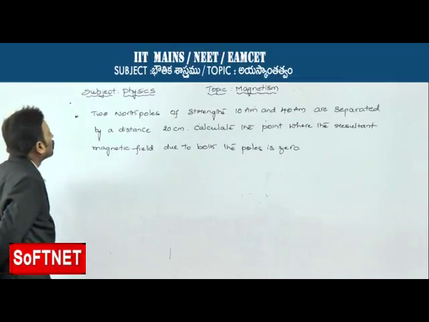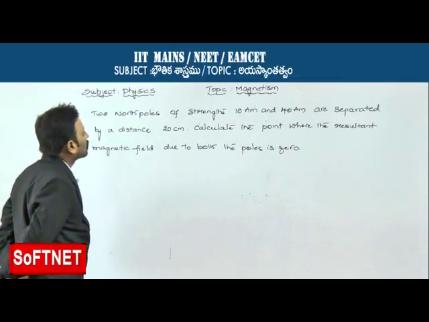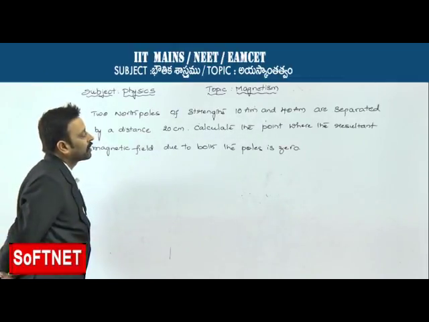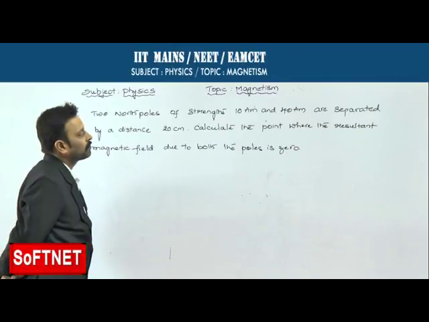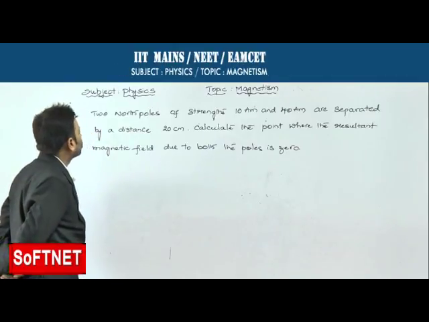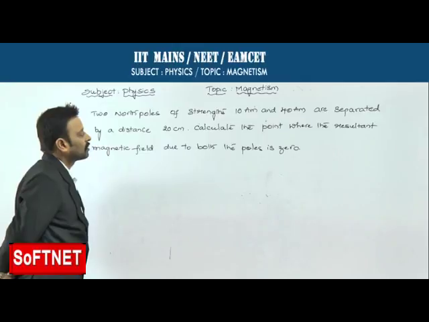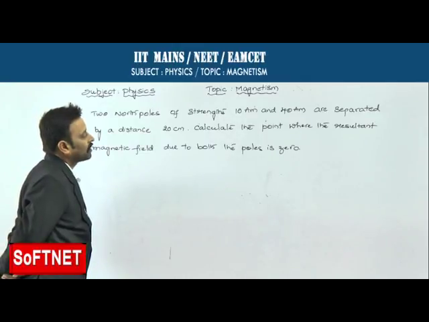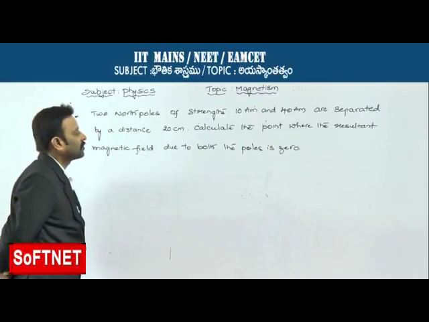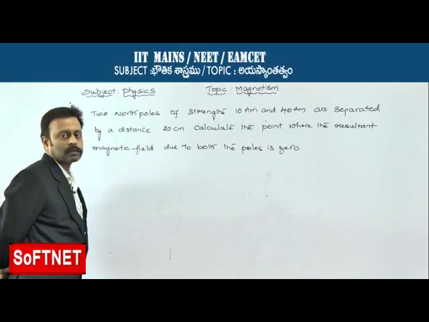Next problem. Given two north poles of pole strengths 10 ampere meter and 40 ampere meter separated by a distance of 20 centimeters, you are asked to calculate the point where the resultant magnetic field due to both the poles is 0.